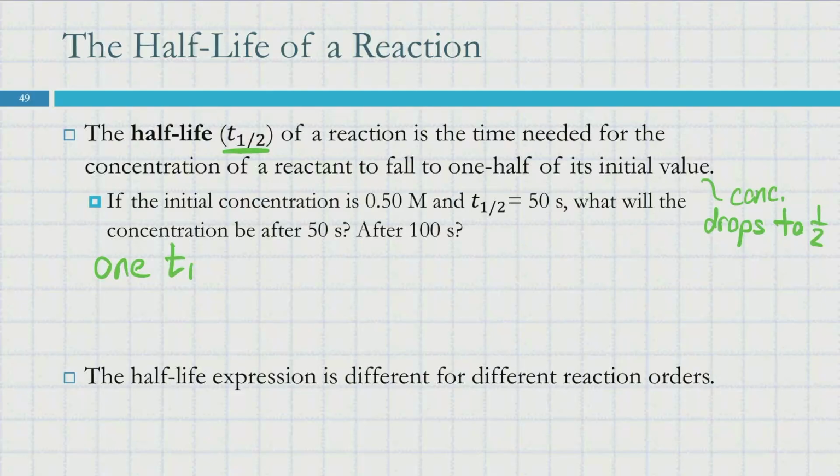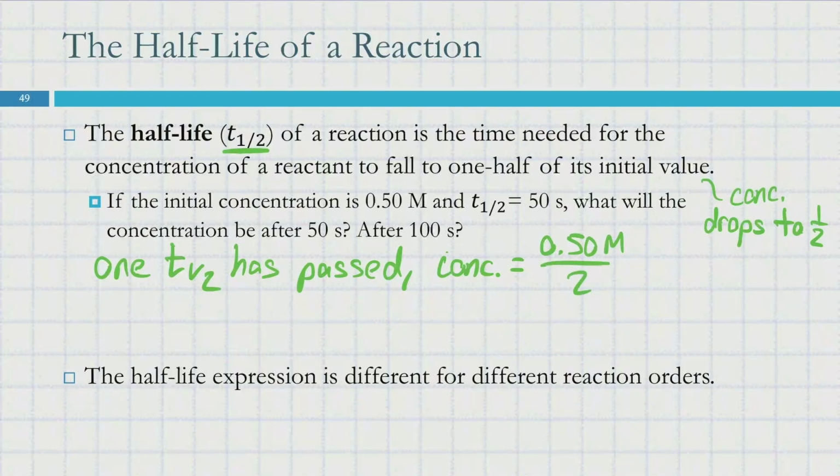So 1 T sub 1/2, or 1 half-life, has passed. So concentration equals 0.50 molar divided by 2, which is 0.25 molar. That's for 50 seconds.